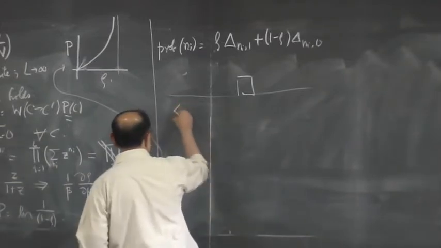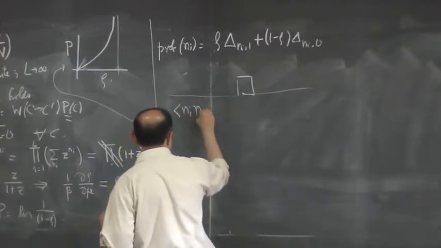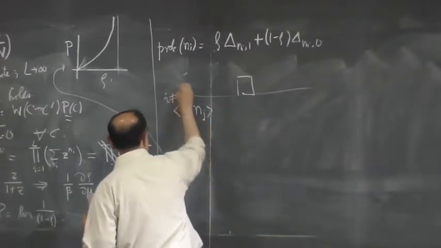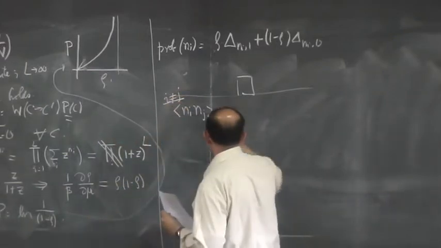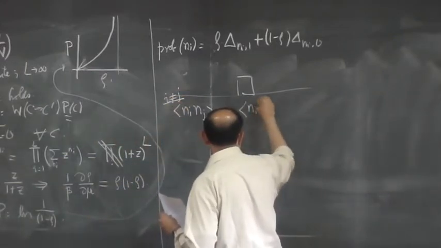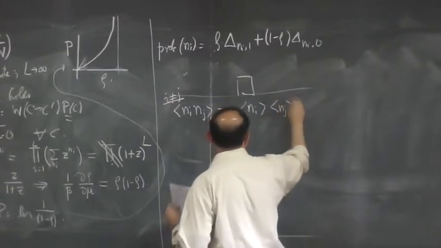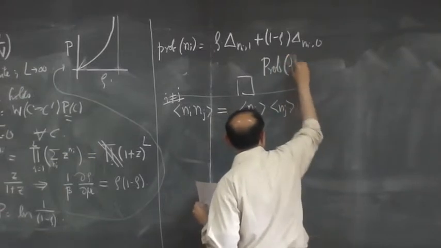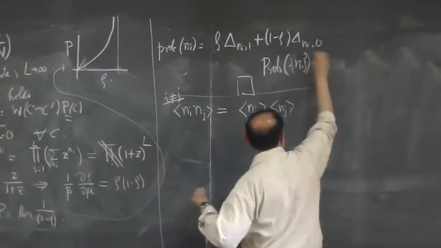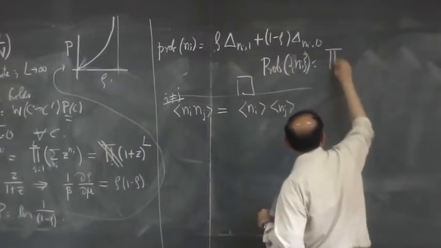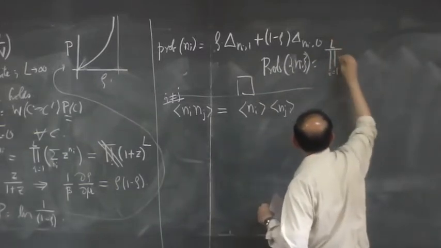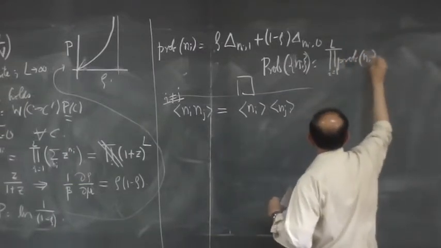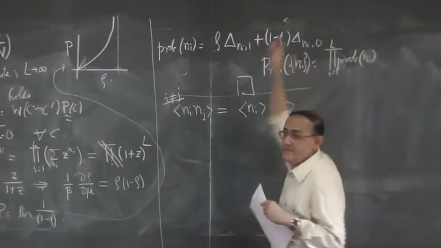Therefore, in an infinite system, if you look at the correlation function <N_i N_j> for i not equal to j, this will factorize into <N_i><N_j>. In other words, the probability of the configuration, I should have written this earlier, is the product over sites.